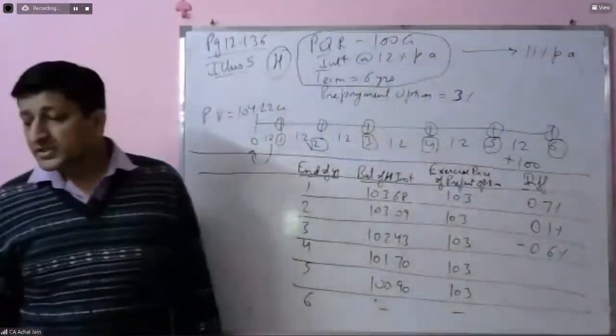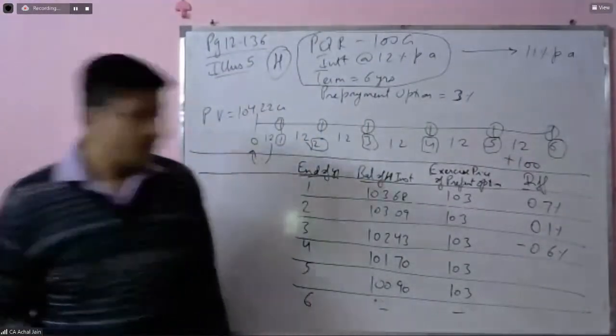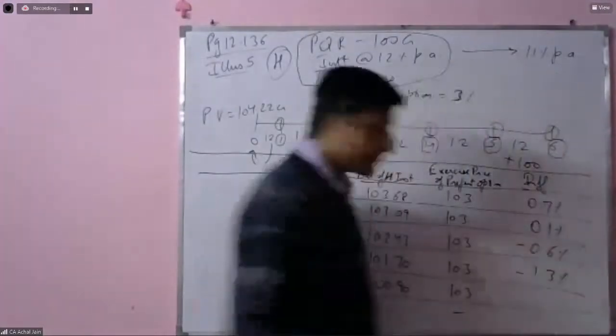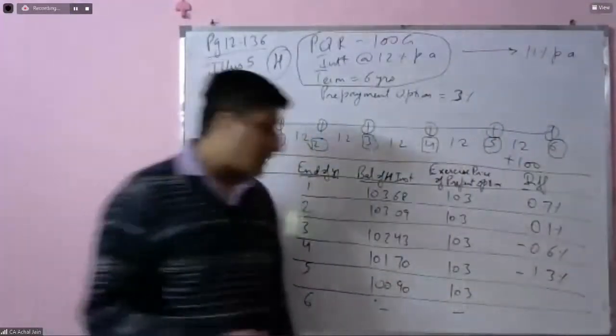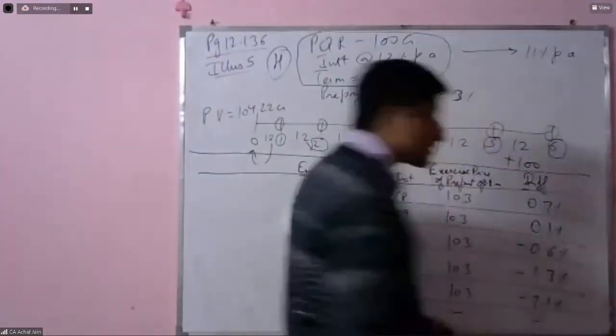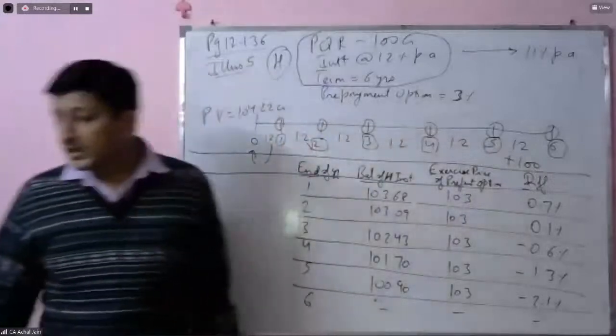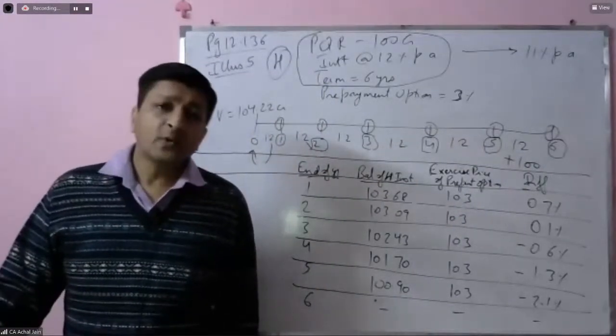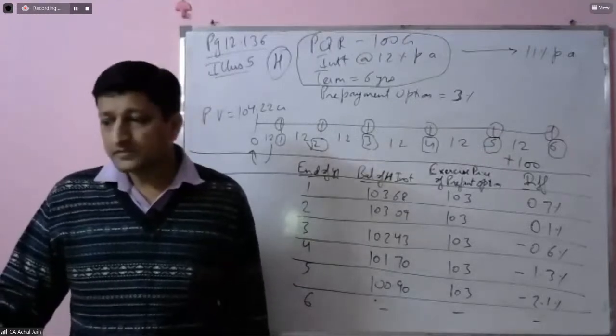Remaining amounts, you can just quickly compute and let me know. Then this is minus 1.3%. Then this is minus 2.1%, and this is nil. Okay, now we need to analyze all of these differences.